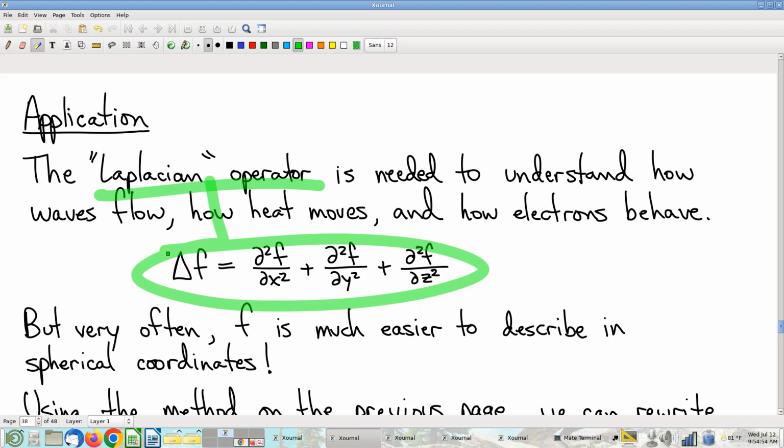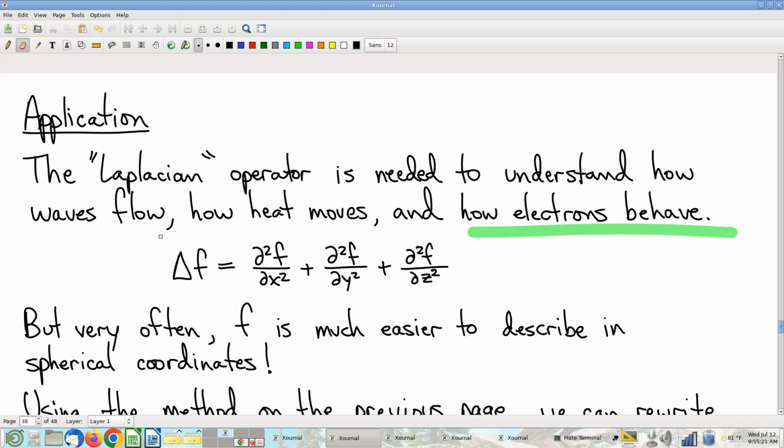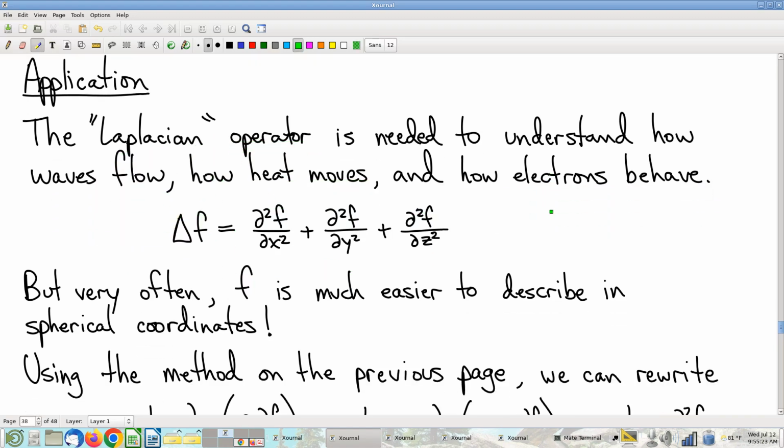I wrote down some equations previously as to how it works, but the way waves flow, the way heat moves, how electrons behave in the presence of protons in an electric field, etc. This is just really important in those discussions, and of course these are huge questions in engineering and physics and chemistry, etc.